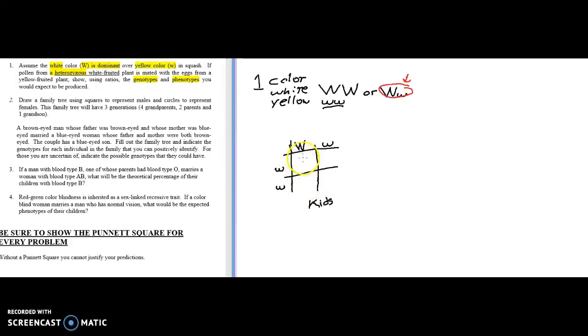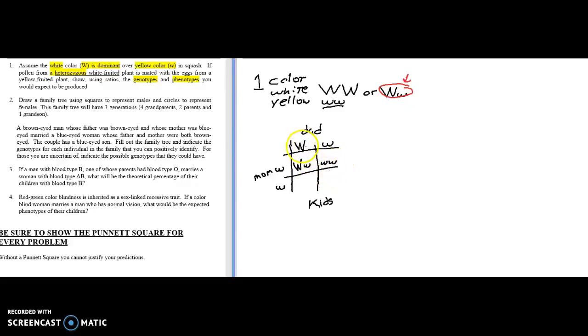So the way we figure this out, if we call this dad, and this parent over here mom, take one piece of dad's DNA, the big W allele, and combine it with mom's little w: that child just inherited a big W, little w. If dad's little w combines with mom's little w, the child inherits 2 little w's.